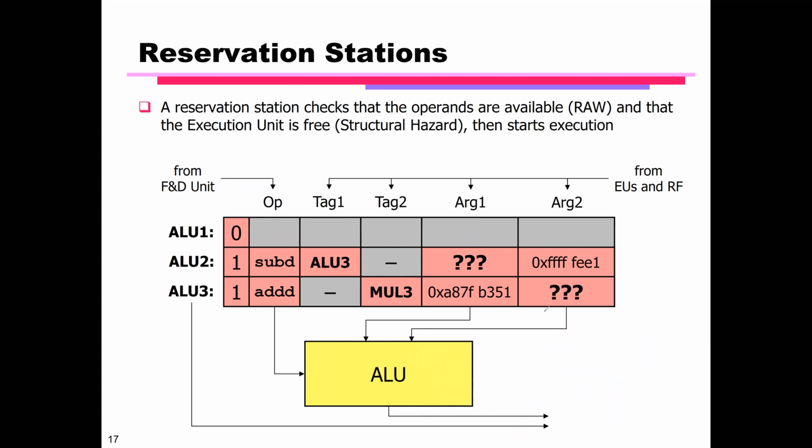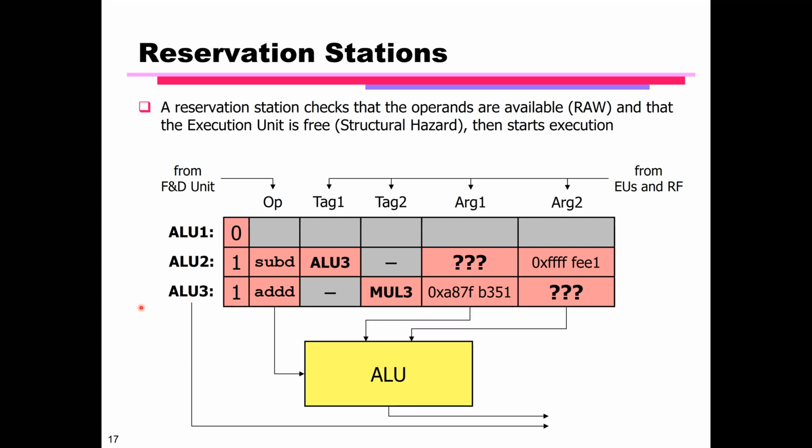The problem of the tag is that we just need to select something, and it really doesn't matter what, but something that is unique inside our machine. The solution that I have in this slide, which is far from being the only one or the best one, is to use as a tag the position of the instruction inside the reservation station.